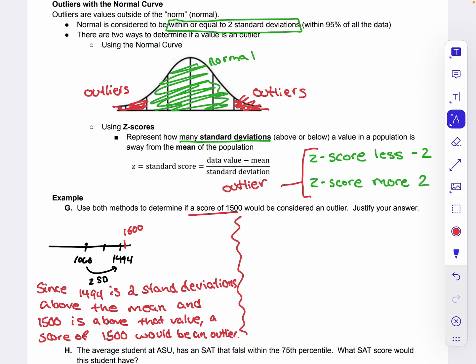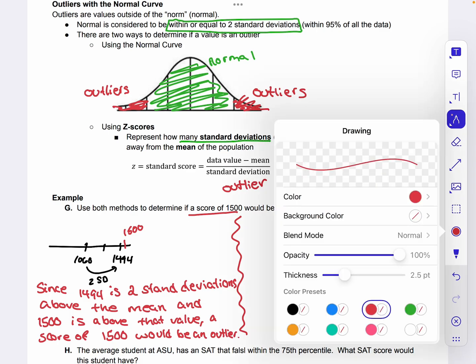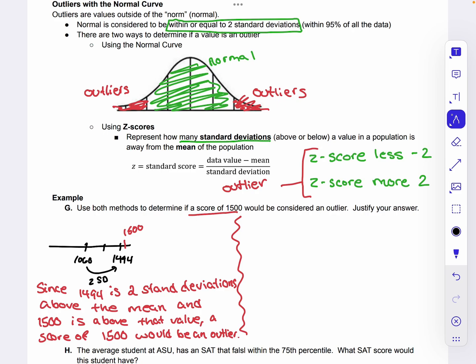Now let's say I hadn't already done the math to figure out what was 2 standard deviations above. A z-score method gives you a really quick way to figure out where that 1500 is in terms of my normal curve. So let me show my z-score calculations. You take the data value, that 1500, subtract the mean, and then divide by the standard deviation.